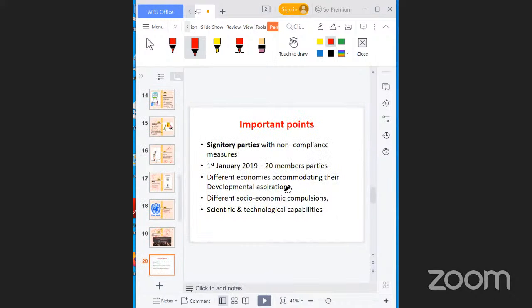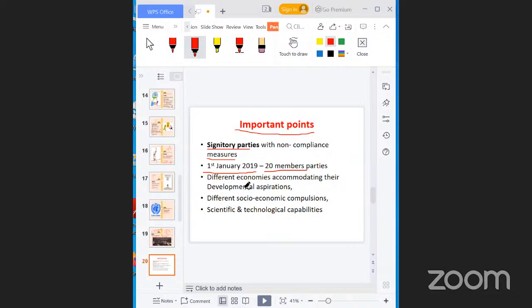So what are the important points in the Kigali Agreement? It is a legally binding agreement between the signatory parties with non-compliance measures. It will come into effect from 1st January 2019, provided it is ratified by at least 20 parties.